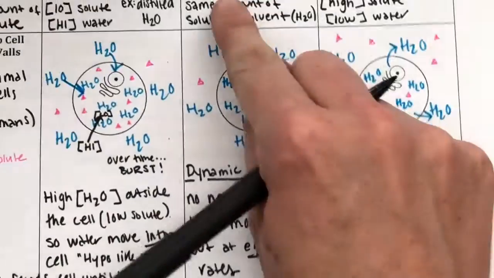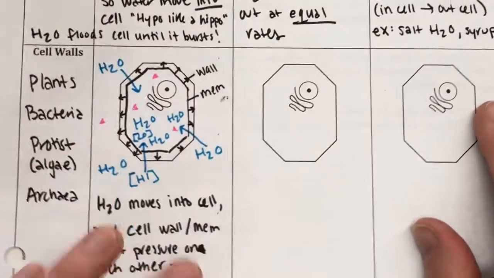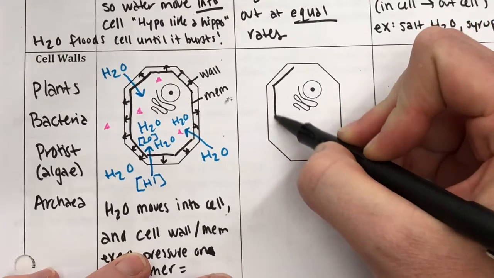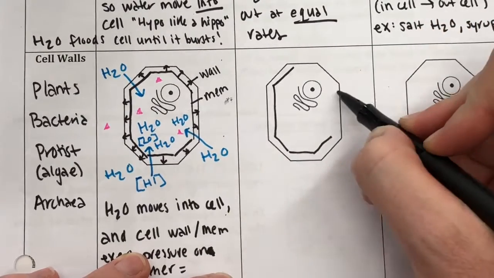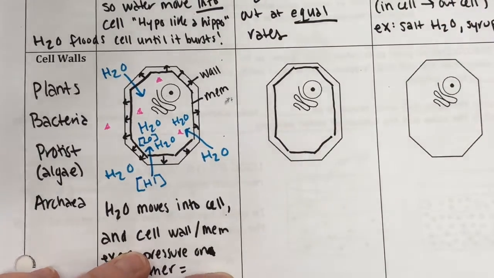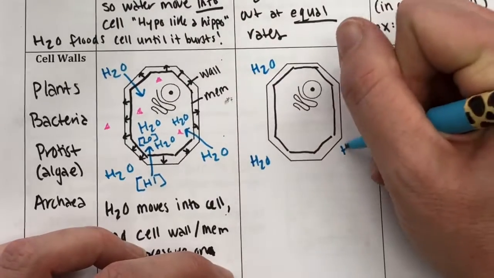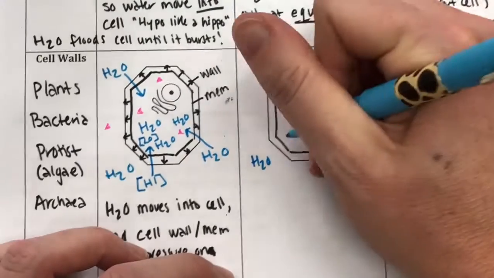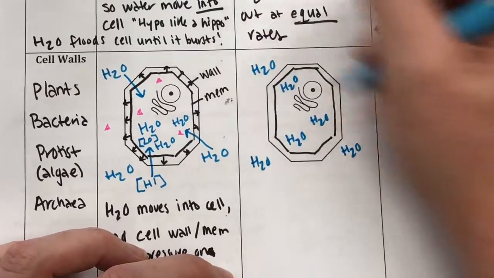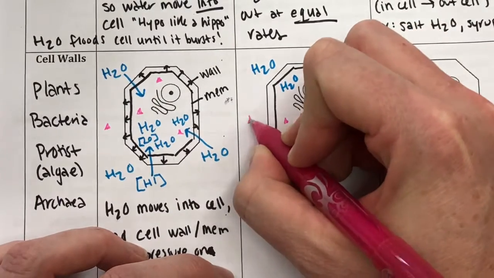Okay. So isotonic was the healthiest for our animal cells, but it's actually a little less healthy for our cells with cell walls like plants. So let's add that membrane in again. Okay. And in this case, we'll just do 3 waters on the inside, 3 on the outside, and let's just do 2 little triangles to represent solutes.